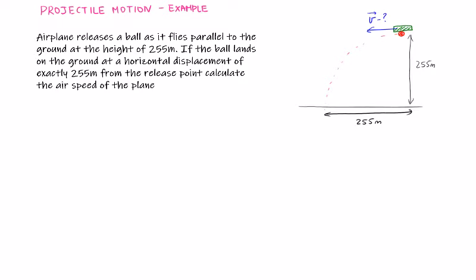The initial velocity is solely in the horizontal direction, so I can draw the initial velocity of the ball to be the same as the velocity of the airplane, in the horizontal direction.